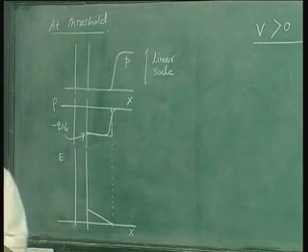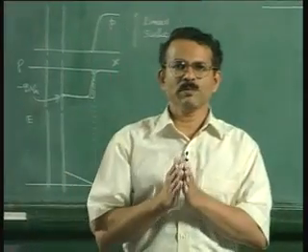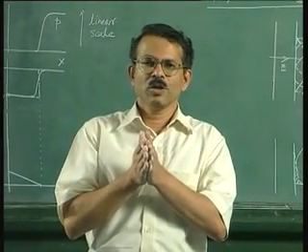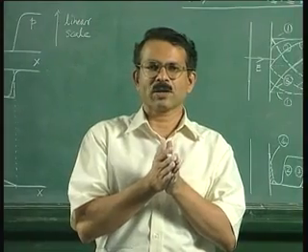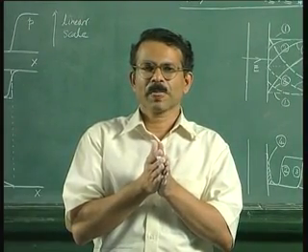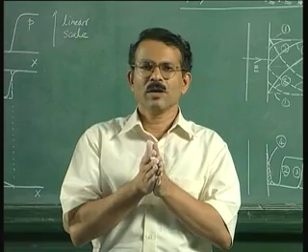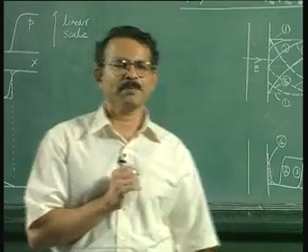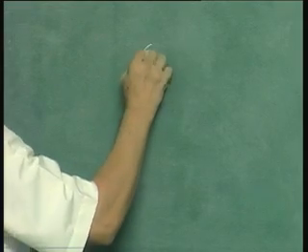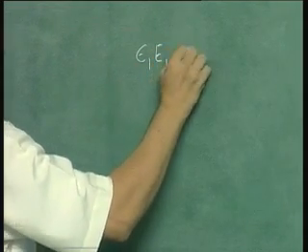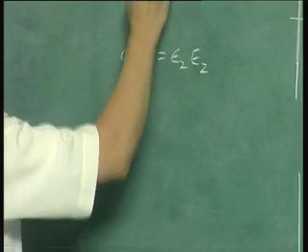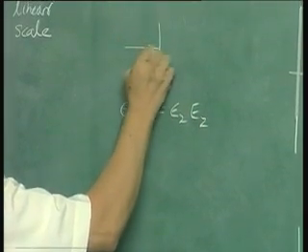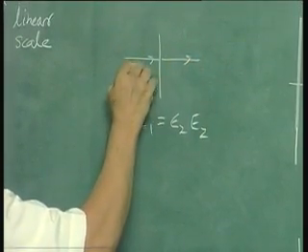Now what happens in the oxide? You know that when you move from one region to another region of different dielectric constant, then the electric fields on the two sides of the boundary are related by the formula epsilon 1 E1 is equal to epsilon 2 E2. So these are the two electric fields.